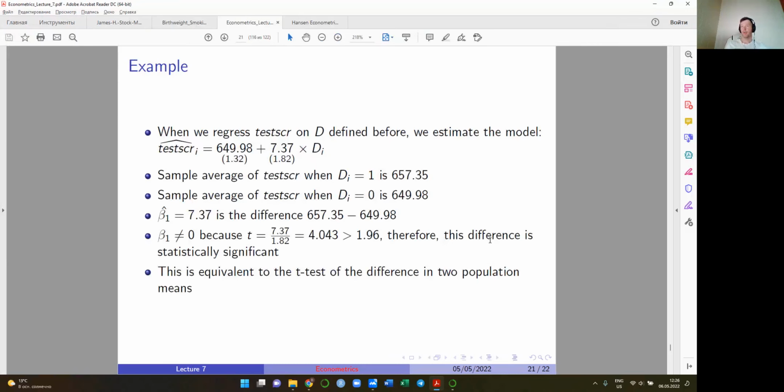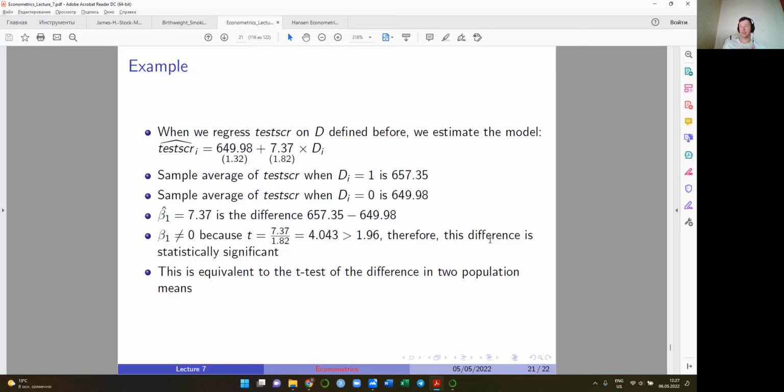Yeah. So that's what I was going to tell you yesterday regarding this special case of binary variables. With the help of this special case, we can replicate the result of the t-test.